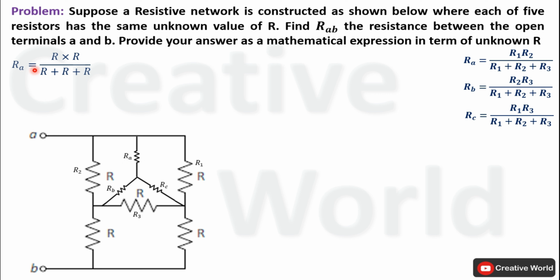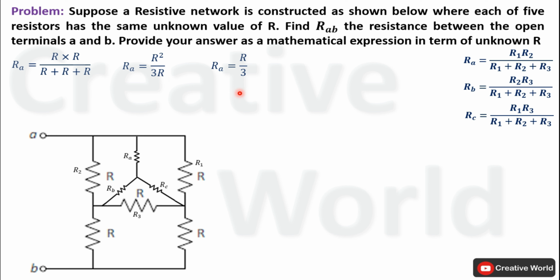Ra is equal to the product of R1 and R2, and both of these resistances are equal to R, divided by the sum of these three resistances which are also equal to R. Take the product of both R's, it will become R square divided by the sum of these three R, which will be equal to 3R. Now the square of this R will cancel out with R in denominator. Only R divided by 3 will be left.